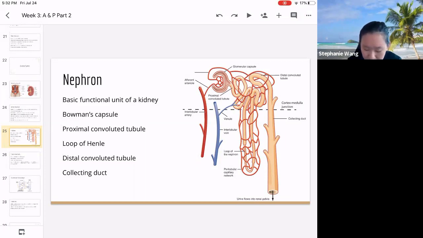Now if you move down from the glomerular capsule, you'll see the proximal convoluted tubule. The proximal convoluted tubule is where a lot of reabsorption occurs. Before we dig deep into it, I just wanted to let you know why exactly we have nephrons and kidneys. Your body has a lot of fluid, and your kidneys help get rid of the bad stuff in your fluid.